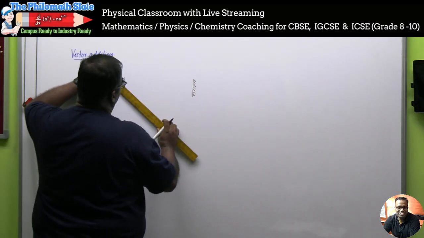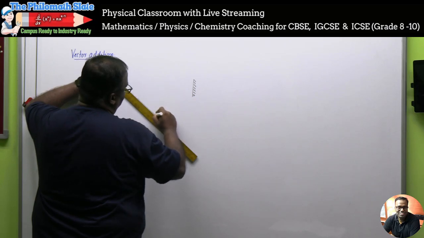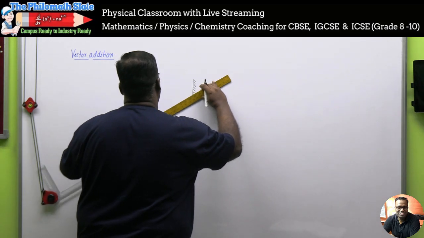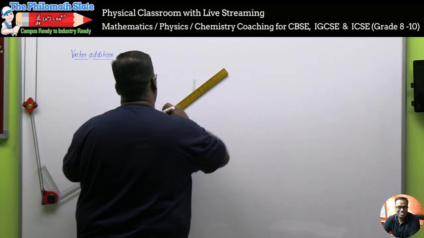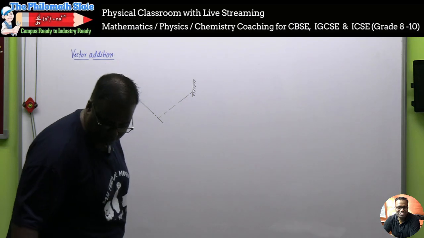And in any drawing, children, a center line always helps you. What I'm drawing is only a center line, okay? This is the center line. Why did I draw the center line?